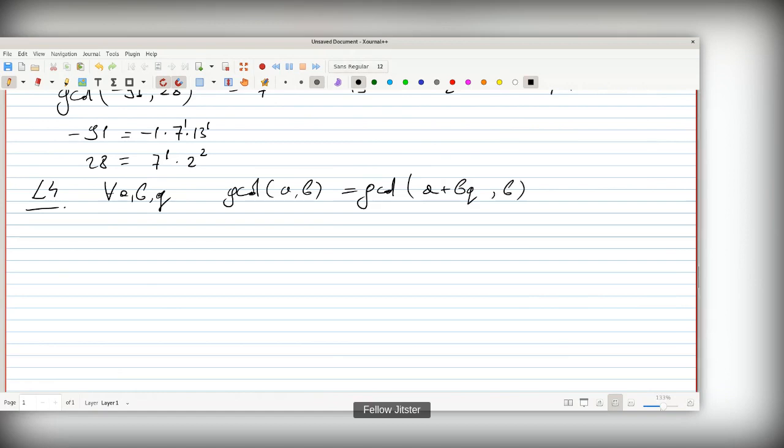What does it mean? Intuitively, when computing the greatest common divisor, you can move a few copies of b to the first argument. Of course, it is not hard to prove that the same way you can move some copies of a to the second argument, and then the greatest common divisor won't change.